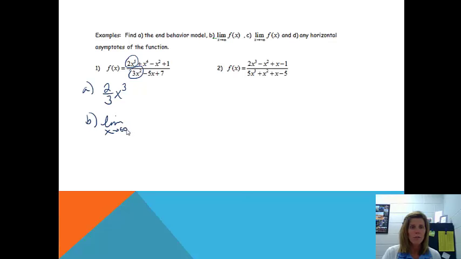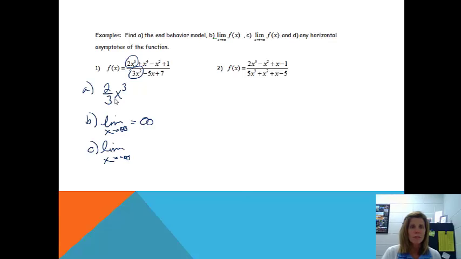So if I want to find the limit as x approaches infinity, what I want to be thinking of is as I put larger and larger and larger values in for x, what's happening with this function? And if I think x to a power, it's just going to keep getting bigger and bigger and bigger. So the limit as x approaches infinity, and when I multiply it by 2/3, it's still going to keep getting bigger, will be infinity. Okay, and then we're going to find the limit as x approaches negative infinity.